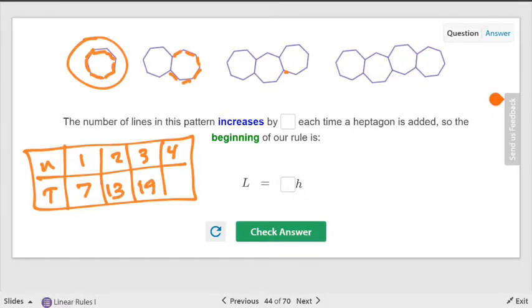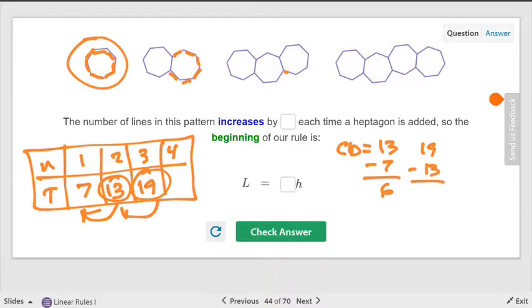So let's first find our common difference. We'll take 13 minus 7. Then take 19 minus 13. So our common difference is 6. Our formula is T equals AN plus B. Where does that 6 go?